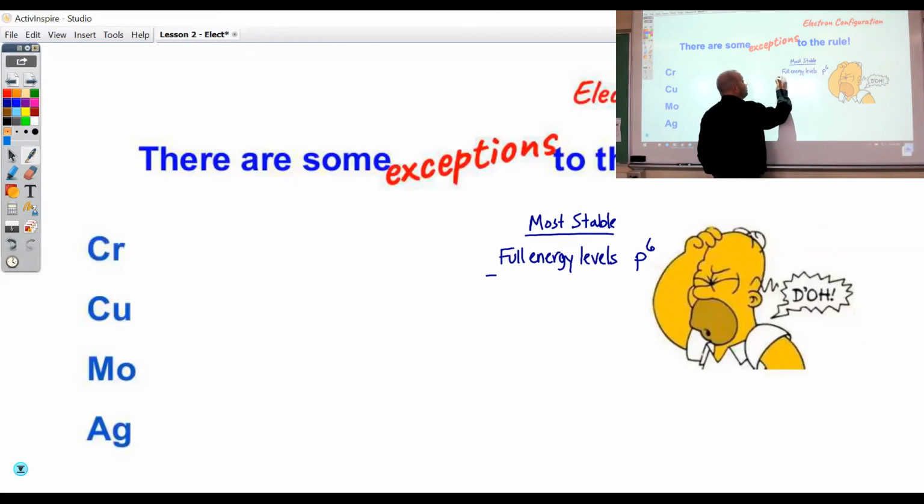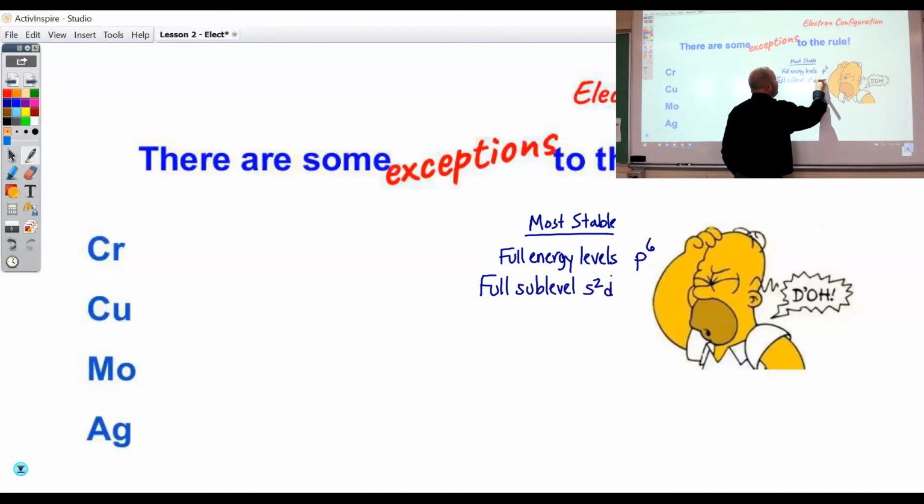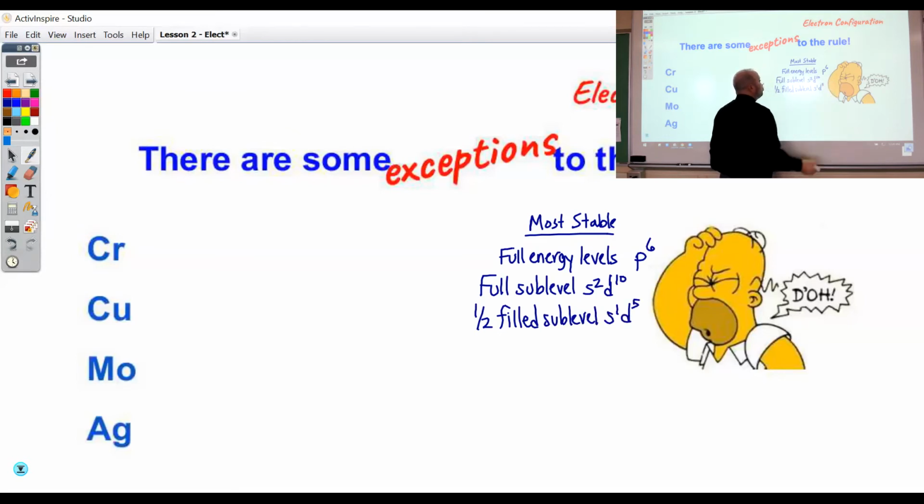The next most stable would be a full sublevel. So this would be an s2, a d10, something like that. Third most stable would be a half-filled sublevel. So this would be an s1 or a d5.